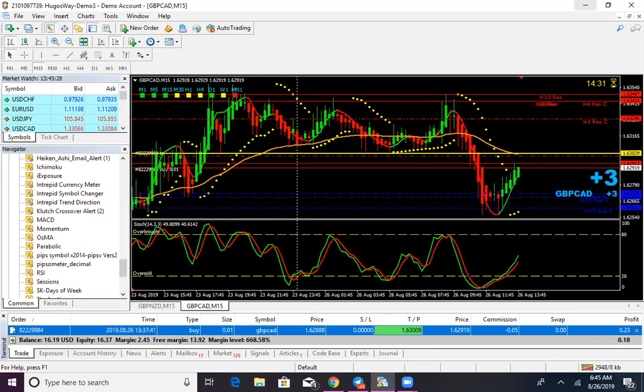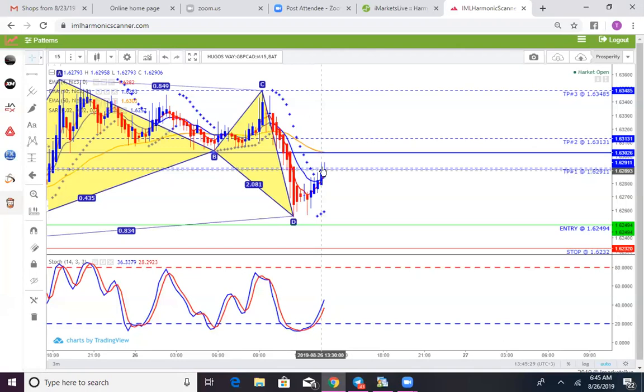But I automatically saw it was struggling because this candle that just came out did not supersede the previous candle. And what do I mean by supersede? It didn't push past it. And that's at the TP1. What the harmonic scanner called for the take profit one. Remember, the take profits are nothing but levels of support and resistance. That's all they are. Levels of support and resistance.